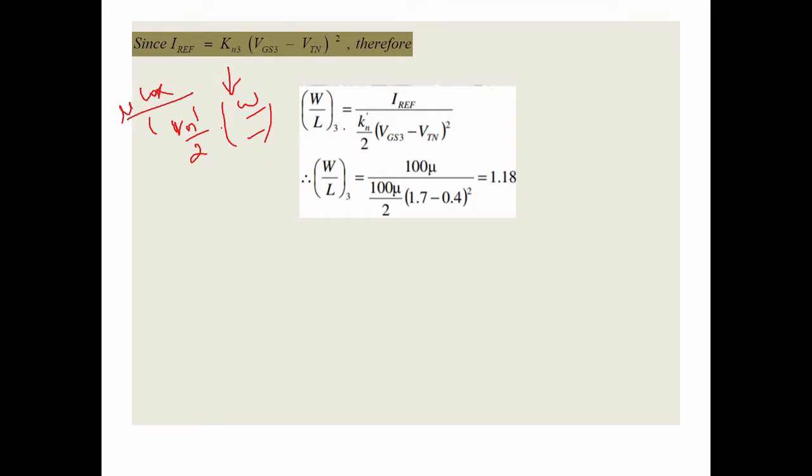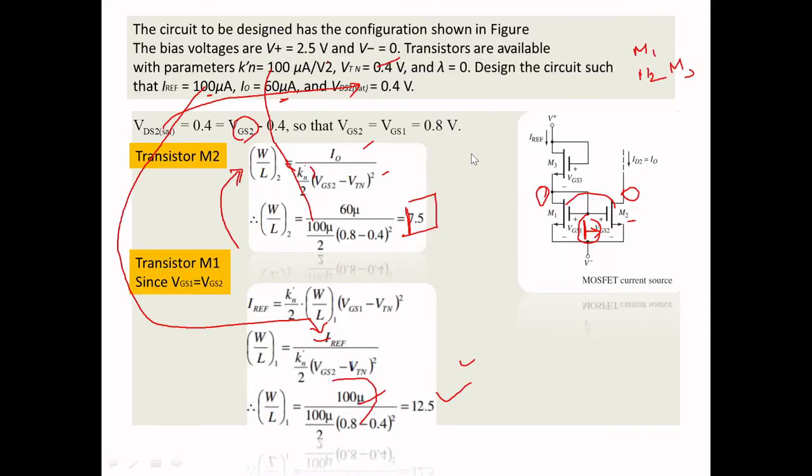So when you rearrange this equation, you get IREF equals Kn dash by 2 times W by L3 times VGS3 minus VTN whole square. Plug in the given values to obtain this value. So you are getting 1.13.